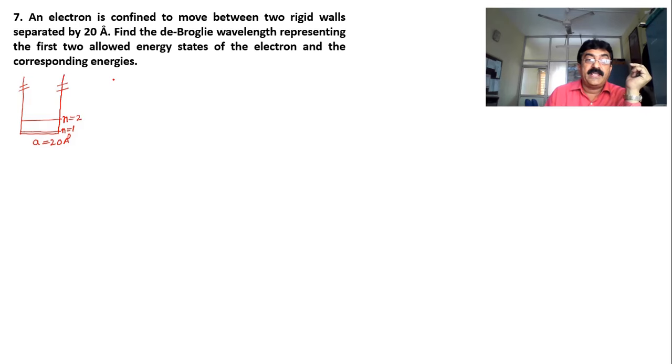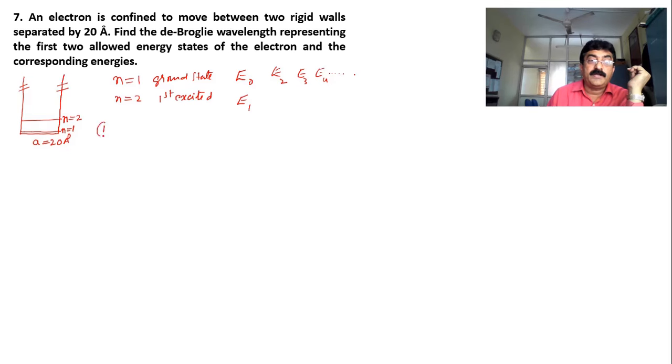So N is 1 means ground state, and we call that as E0 state, and N is equal to 2 is first excited state, and we call it as E1 state. Please don't get confused. E1 is not N is equal to 1, but it is N is equal to 2. Like that, E2 corresponds to N is equal to 3, E3 corresponds to N is equal to 4, E4 corresponds to N is equal to 5, and so on.